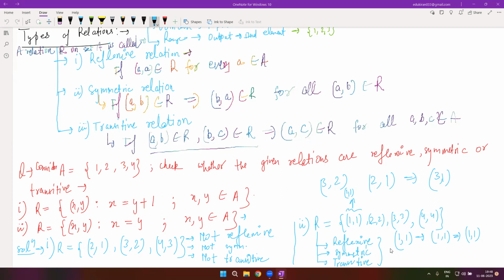Okay, now the next part is that if a given relation is reflexive, symmetric as well as transitive, then we say that the given relation is an equivalence relation. If a relation follows all three conditions, reflexive, symmetric and transitive, then we say that the given relation is an equivalence relation.